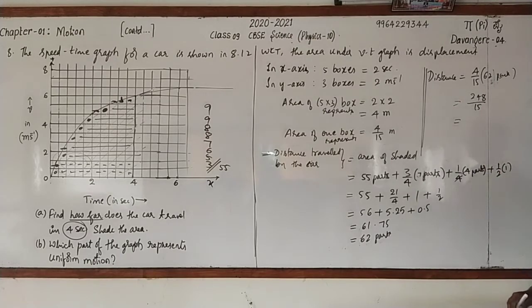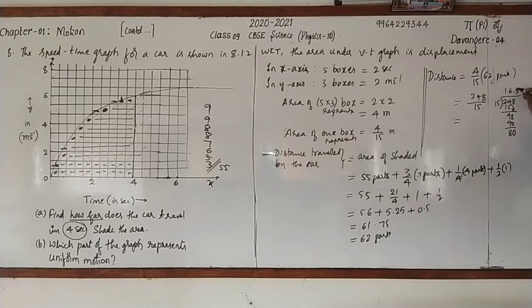Let's go for dividing this. 248 should be divided by 15. 15 ones are 15, you will get 9, then carry down 8, then 15 6s are 90, 8 will remain, put decimal, take 0.